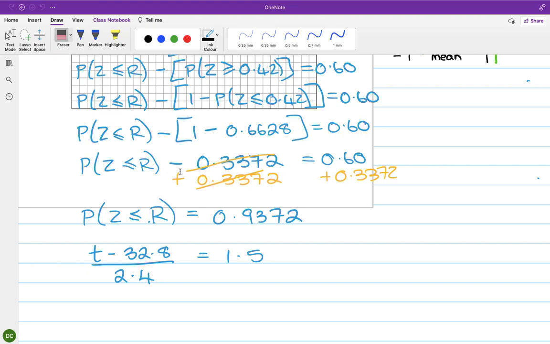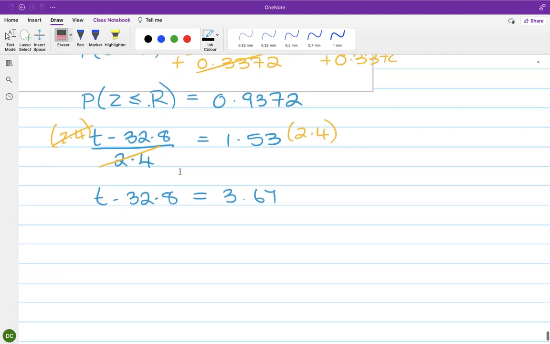So multiply both sides by 2.4, so I get t minus 32.8 equals 3.672. And then add 32.8 to both sides, and I get t equals 36.472.